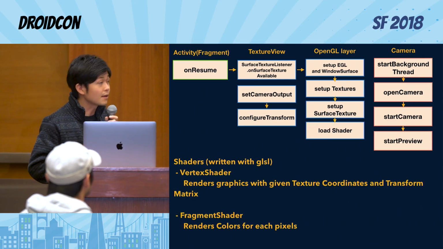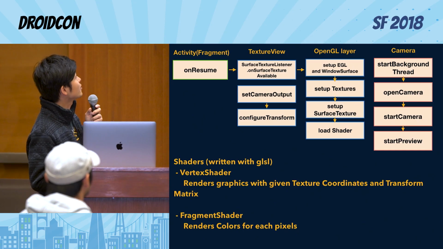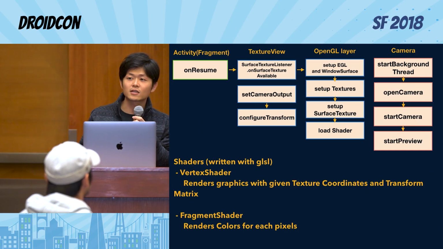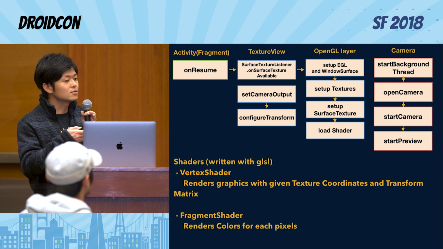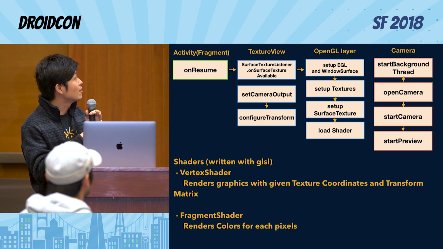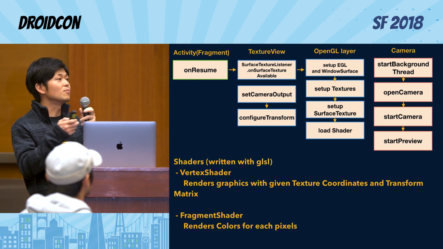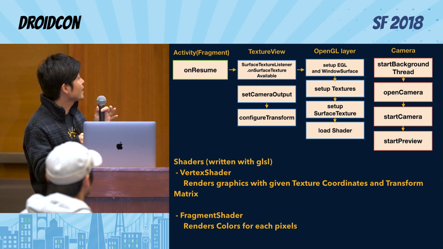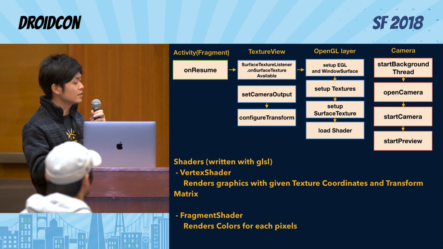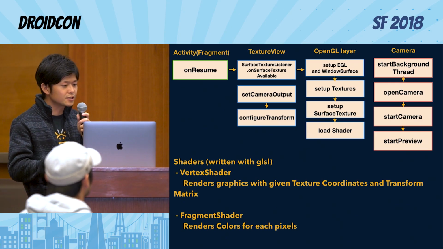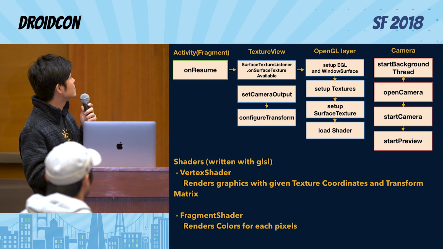And the third step is loading the shader. Because OpenGL requires a way to show the image in the OpenGL world, we need to calculate the color to see it on the screen. So there are two shaders that we need to introduce.